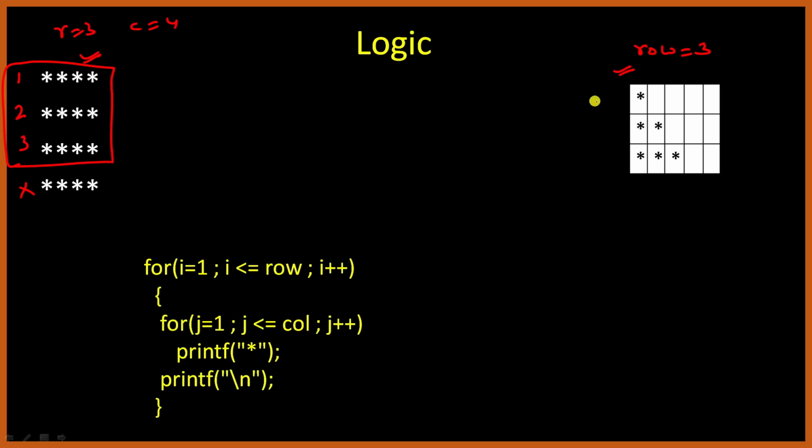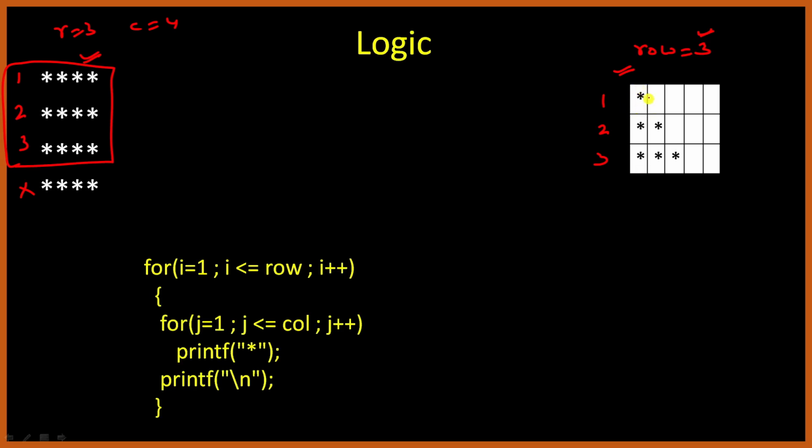But here, although the user says row equal to 3, that means he wants 3 rows, same as here, the number of stars is not equal in each row. They are different. In the first row, it is 1. In the second row, it is 2. In the third row, we have to print only 3 stars. And basically, this is the only difference.